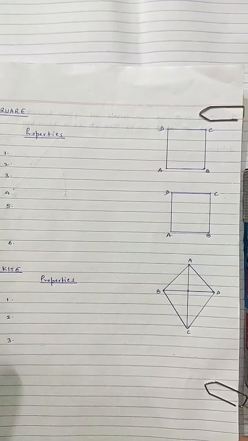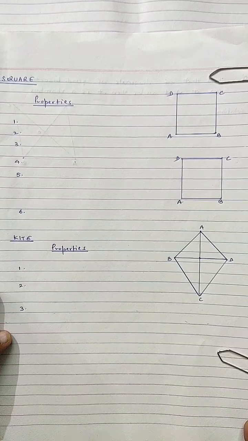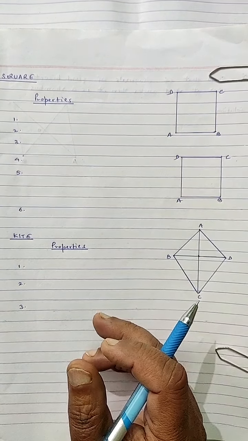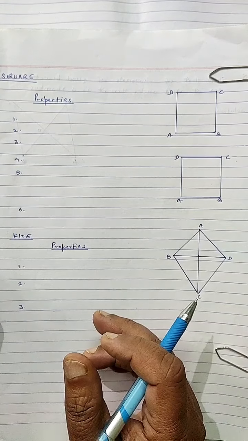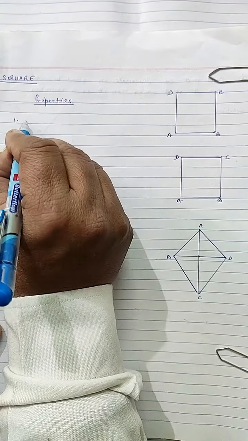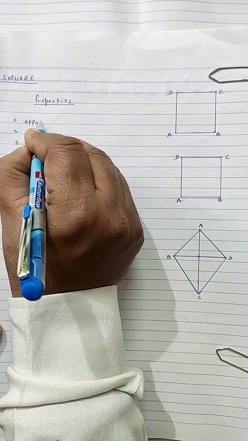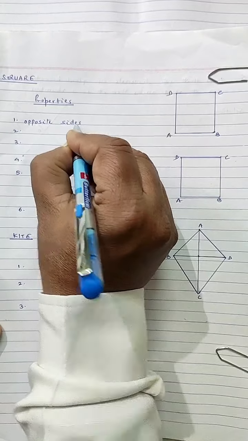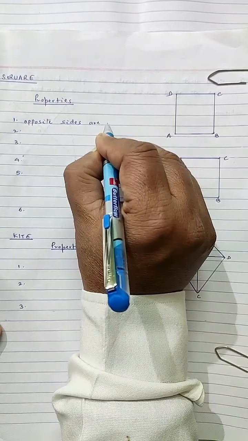Now we have one more quadrilateral, that is a square. Now we learn the properties of a square. Number one, opposite sides are parallel.